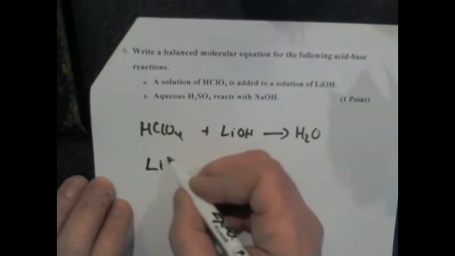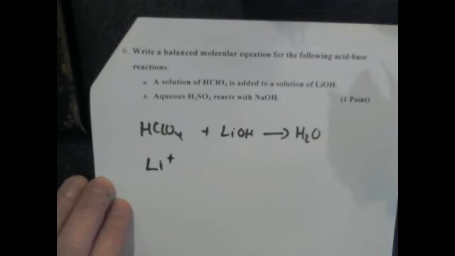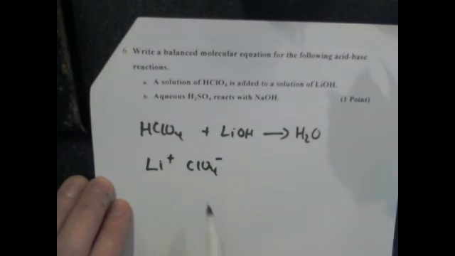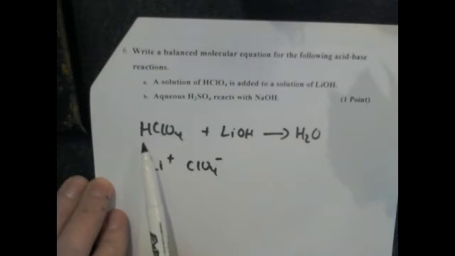So lithium is in group 1A, so it's +1. And then I know that this anion must be -1 because it combines with one hydrogen ion, which is a single positive charge, to make an acid. So it's got to be -1.